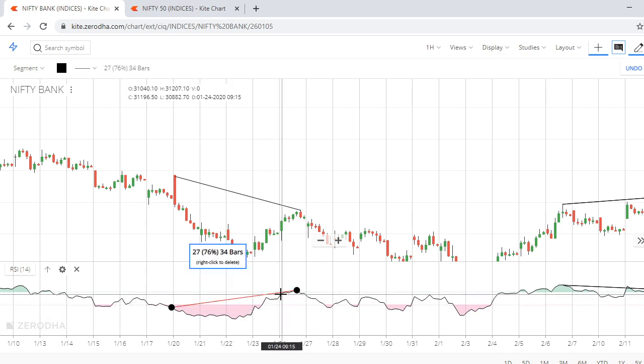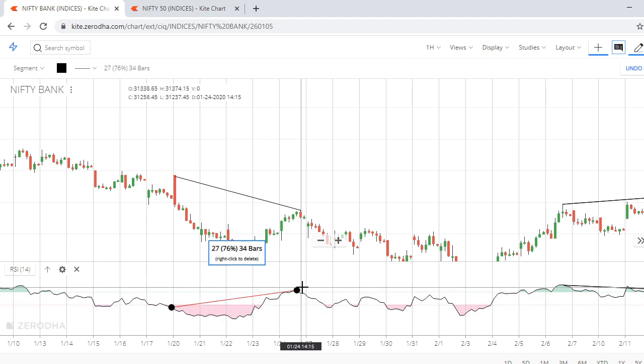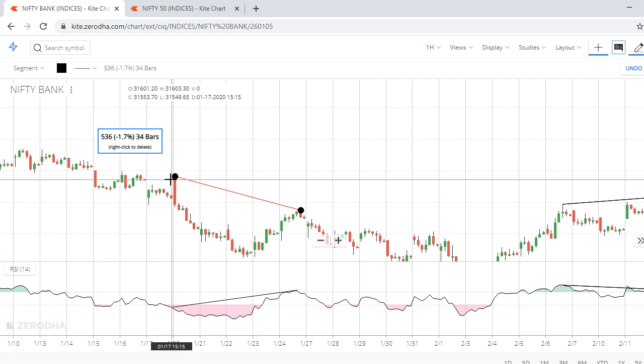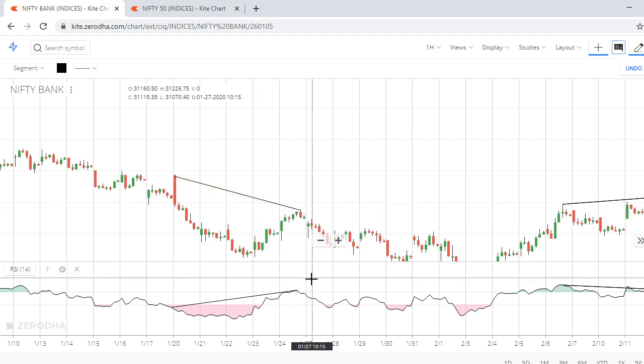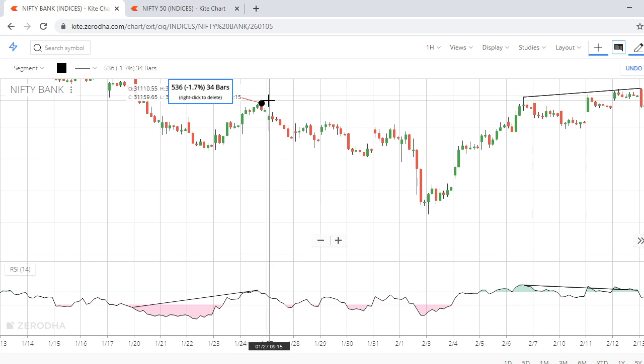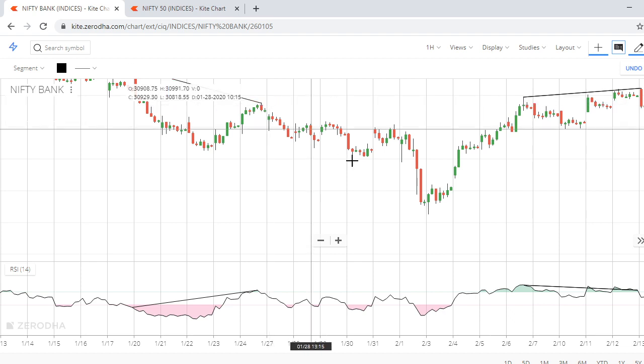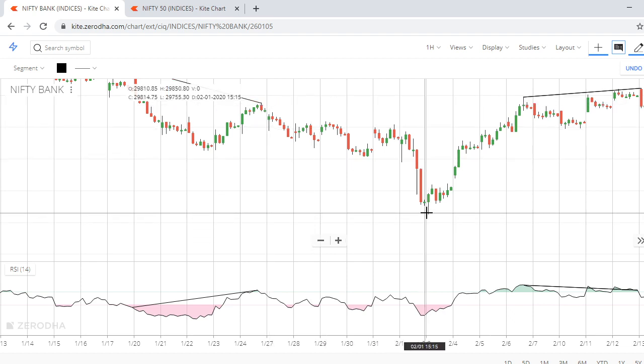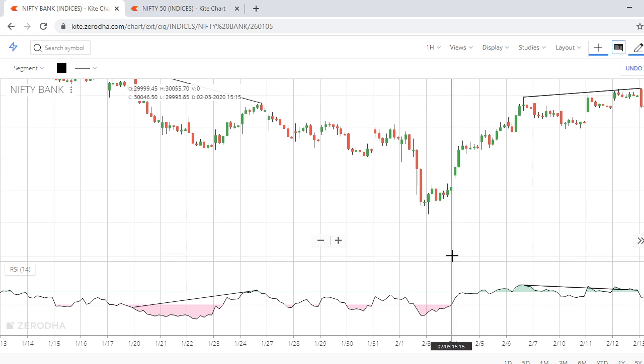It shows that there is demand, huge demand, but still the price is coming down. Once this demand goes, it will fall badly. And see this fall from 31,300 to 29,600, almost 1700 points.